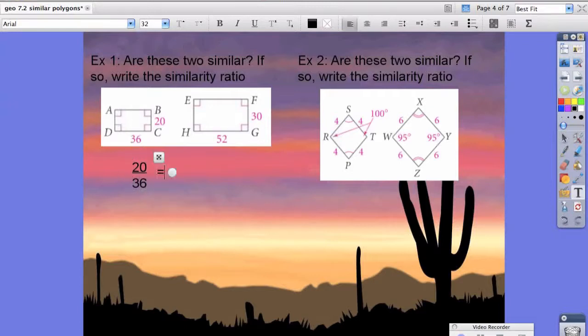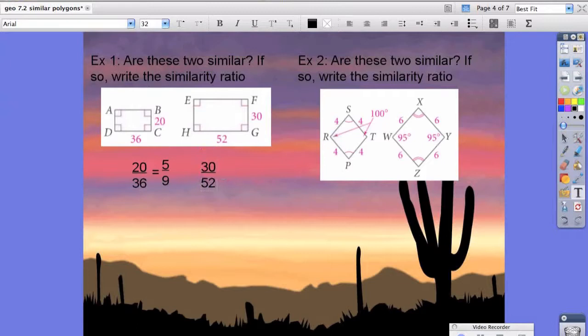And when you simplify that, that turns out to be 5/9. Now we're going to compare that to the rectangle EFGH, which is 30 to 52.